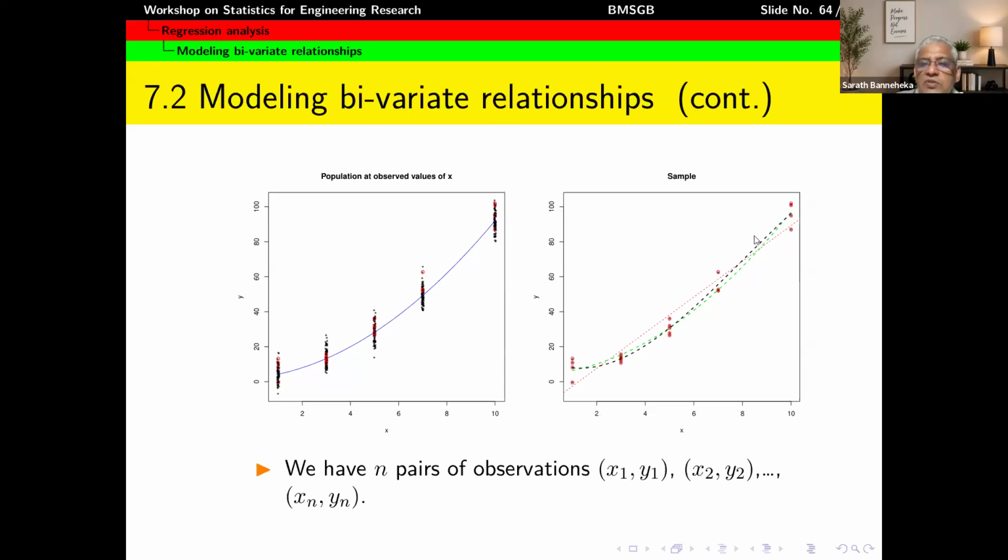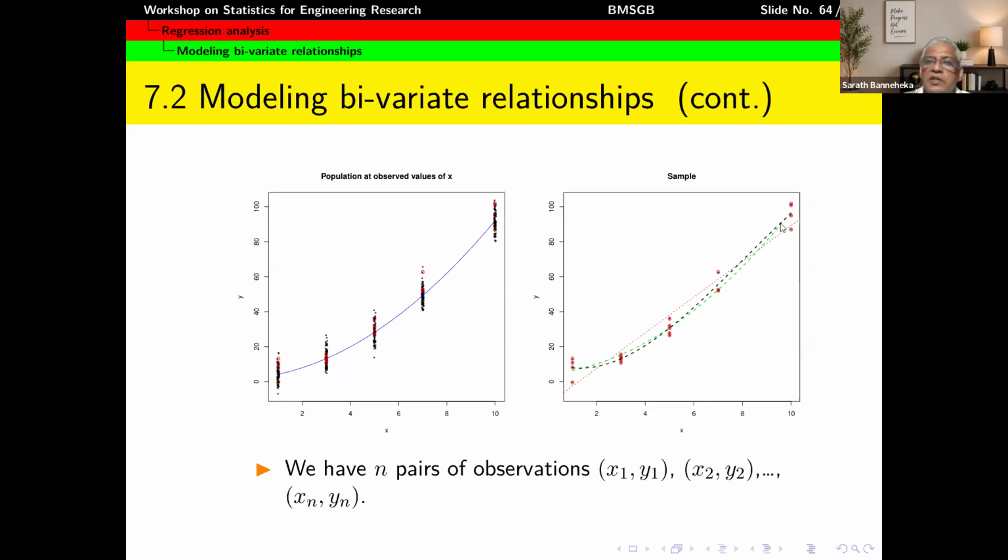Based on these points here, one might think that in the population the relationship is a straight line, because these points are close to a straight line. So whatever the function f may be, it may be a straight line. Or one might think that it is a function like this green curve, a quadratic function.